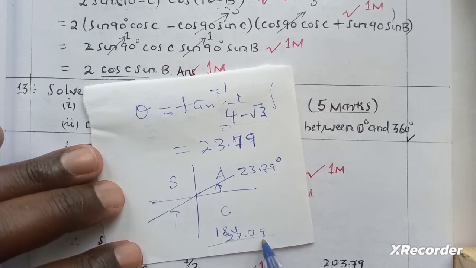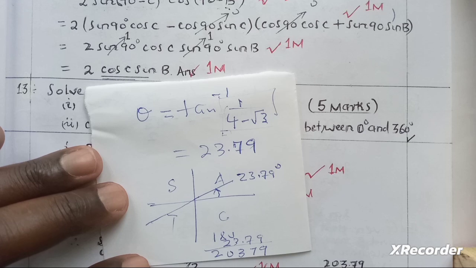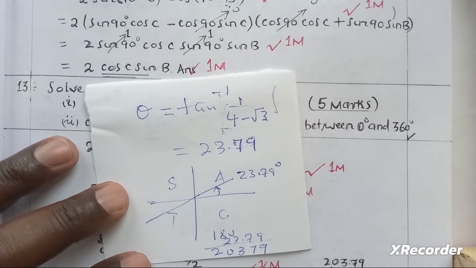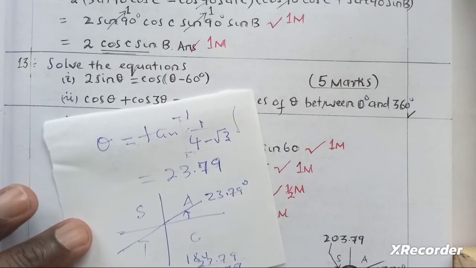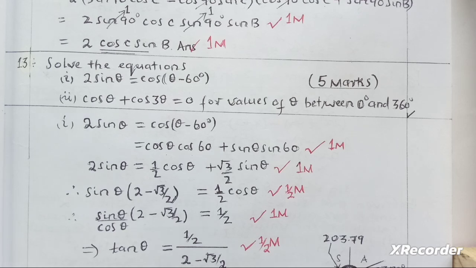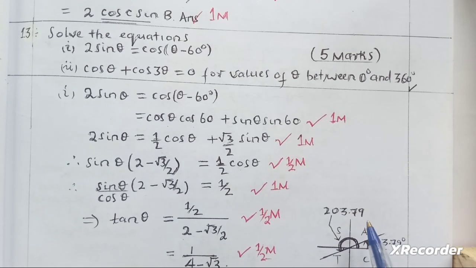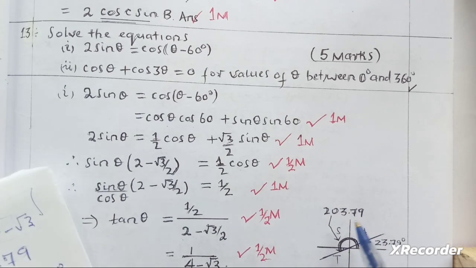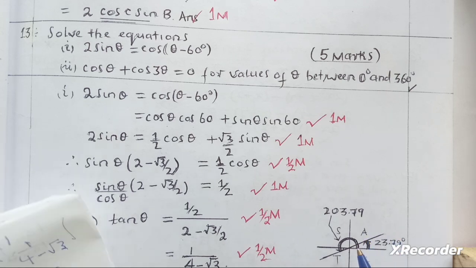This is going to be 203.79, that is 203, and this is what I have written here. We can show it here, and this is our trigonometric unit circle.